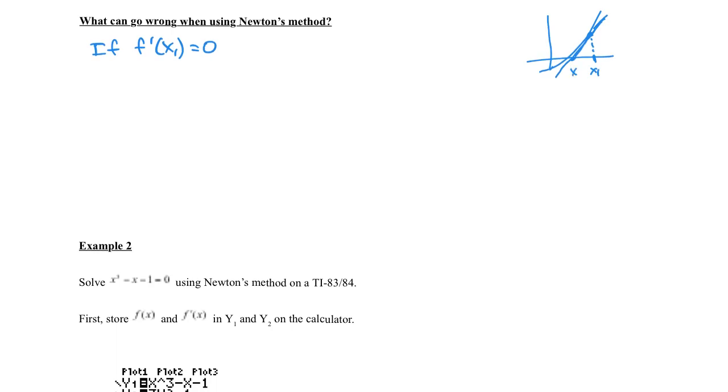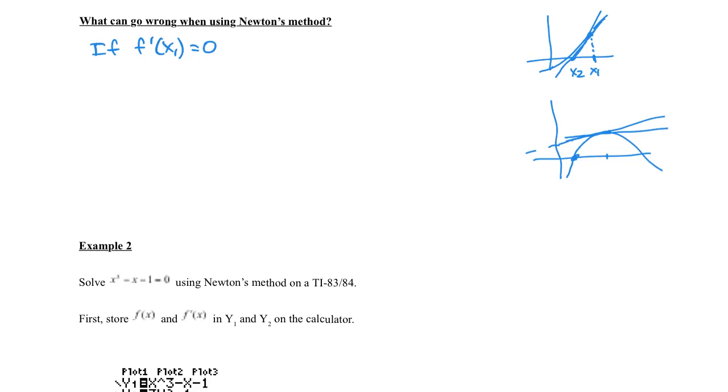Here was x sub 1, here's x sub 2. But if you had some weird situation where you're trying to find this root and your x sub 1 is right here, and then your tangent line is horizontal, it's sending you far away. You'll never see it. Or even if it's not horizontal but tilted somewhat, it could still send you way, far away. So things like that can happen.